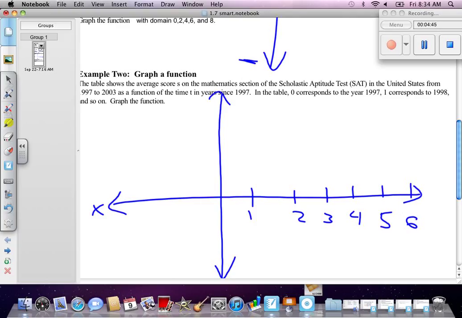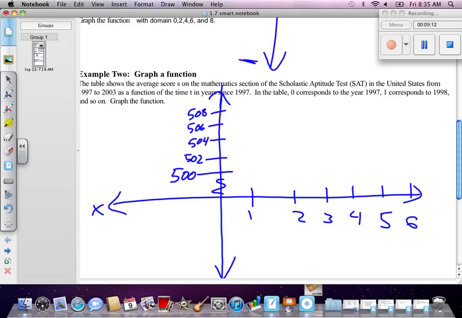What I'm going to do is this little spiky thing right here, which makes the graph a little inaccurate, but I'm going to start with 500. Then I'm going to go by 2: 502, 504. It's going to be a tall one though. 506, 508.